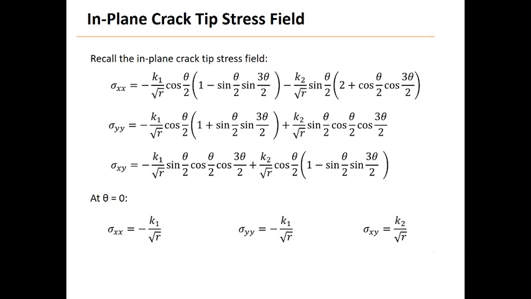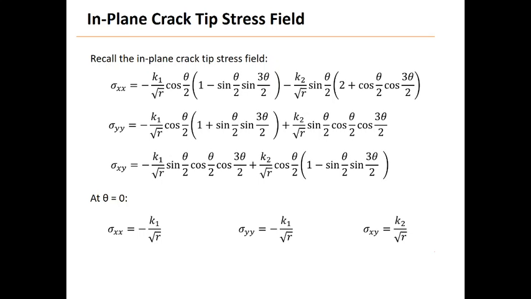Now, you notice that for these stresses, I only have the first term here, the first leading term in the expressions. Remember, we talked about how, as we go close to the crack tip, all the higher order terms become negligible. What is actually important around the crack tip is the first term, which goes inversely with the square root of r.